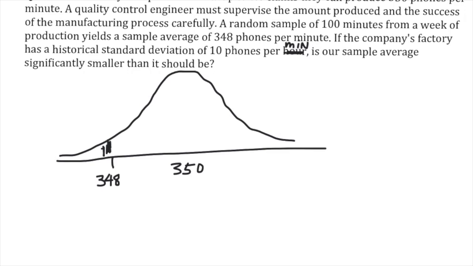So we'd have to figure out the probability underneath this normal curve from 348 off to the left, because we were trying to figure out how rare is it for a sample to be this rare or actually worse than it. And that's just done quickly by using normal CDF.